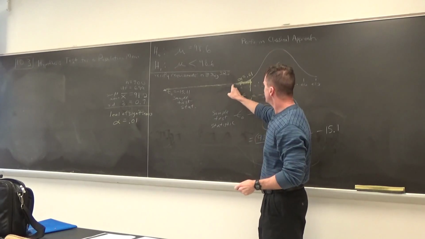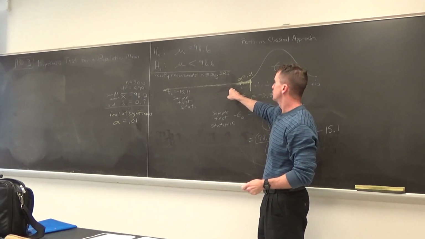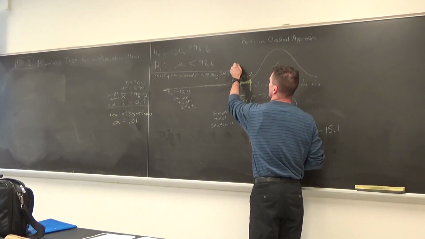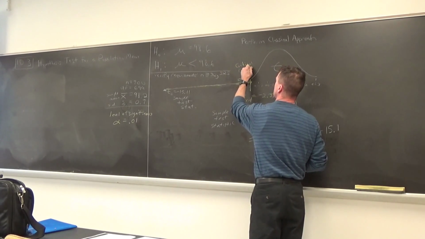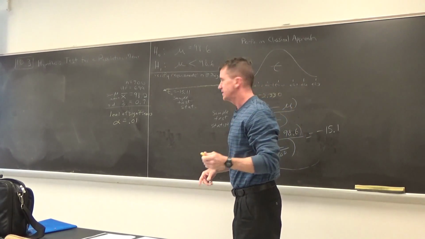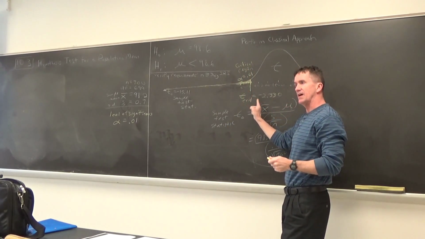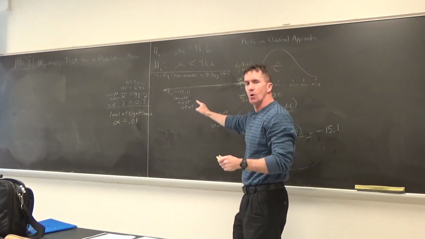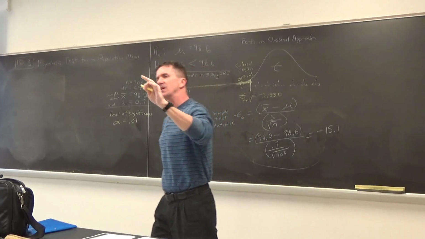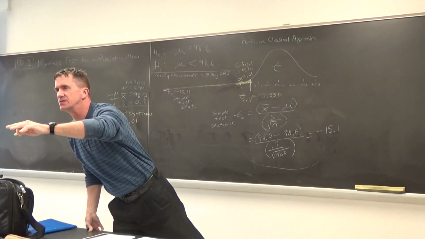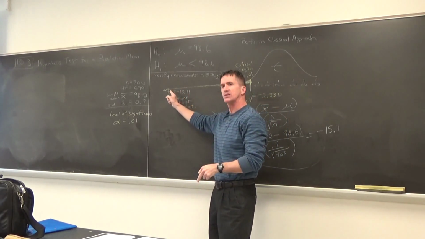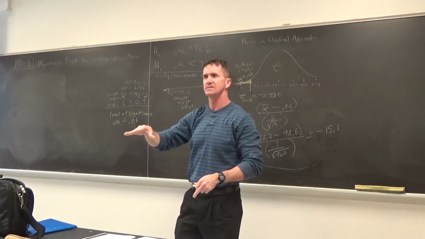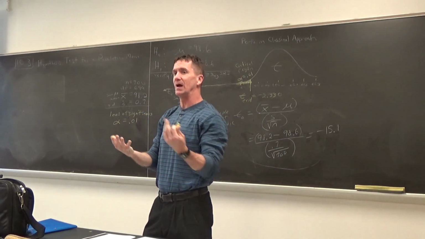This is called the critical region. That's the T crit value. But what we have to do at the very end of performing the classical approach is determine whether or not our sample test statistic fell in the critical region. Does it? That's what we've got to look at.